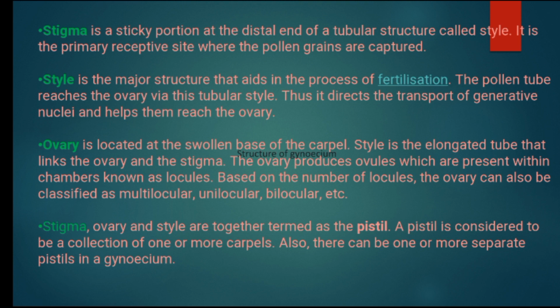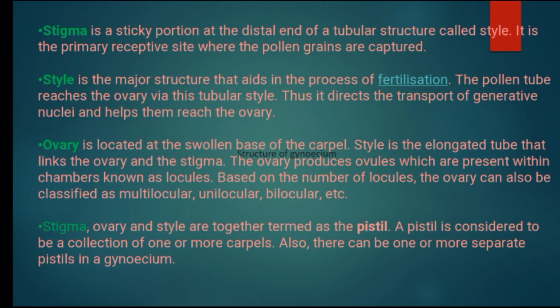It is the primary receptive site where the pollen grains are captured. Then the long elongated structure is the passage, or a carrier, of the two haploid male gametes for the fertilization process, to reach the ovule. So style is the major structure that aids in the fertilization process.